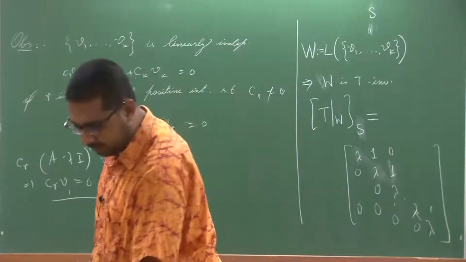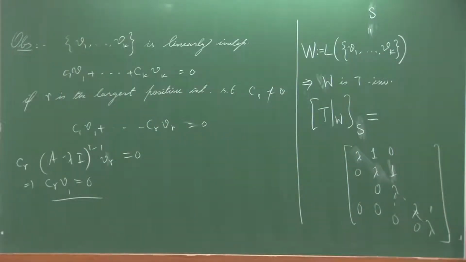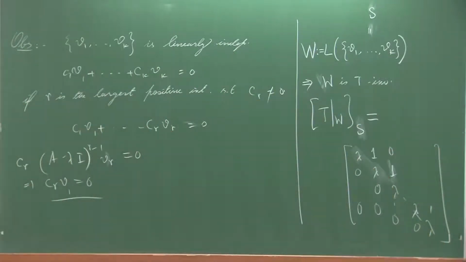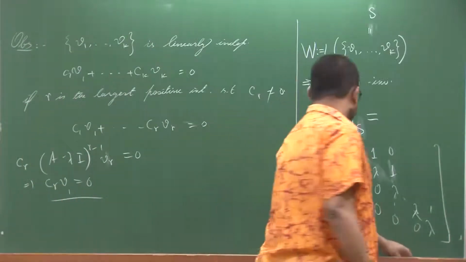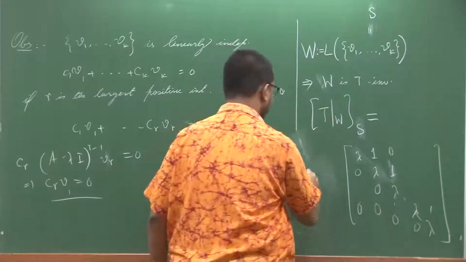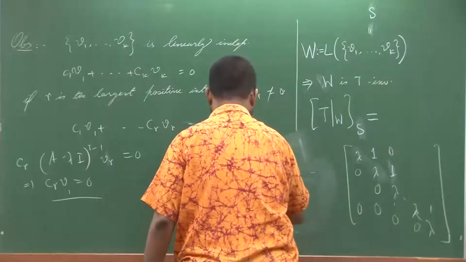So we would try to bring the matrix of a general linear operator into block diagonal form, where each block will look like this. Let me make a definition here. Matrices of this form are called elementary Jordan blocks.